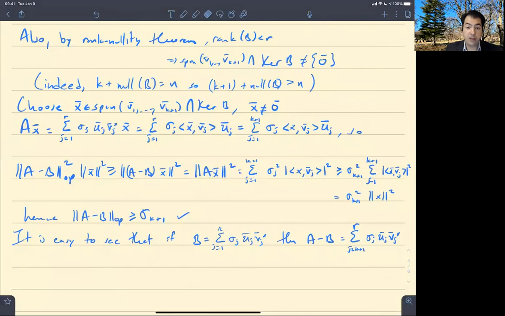So if you've truncated the sum and then you subtract it off, you get just the tail of the sum.